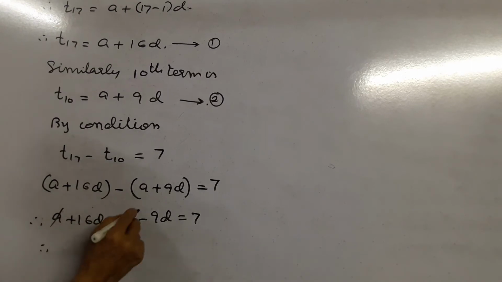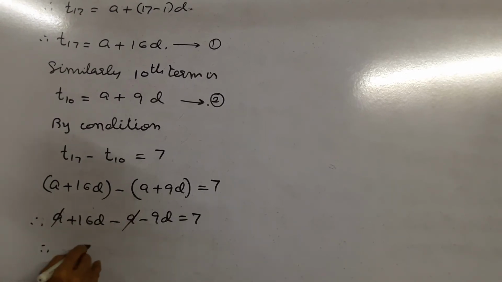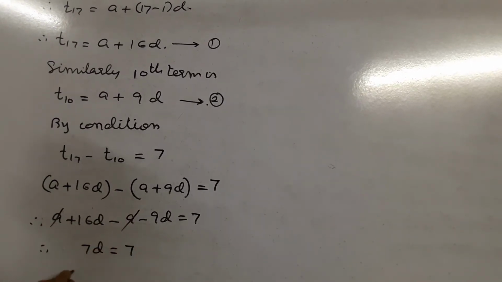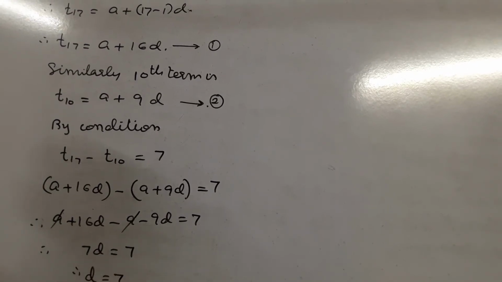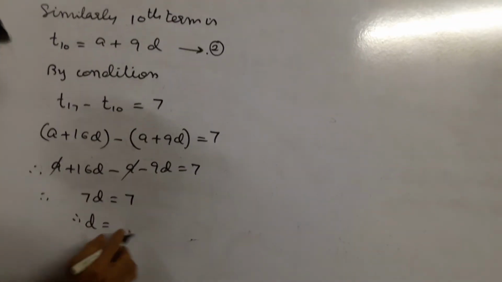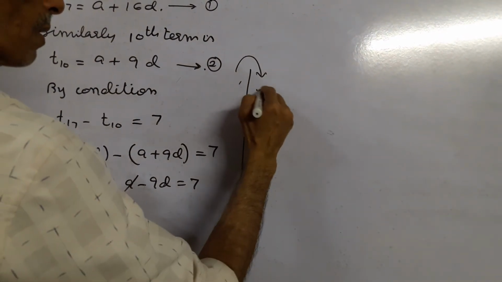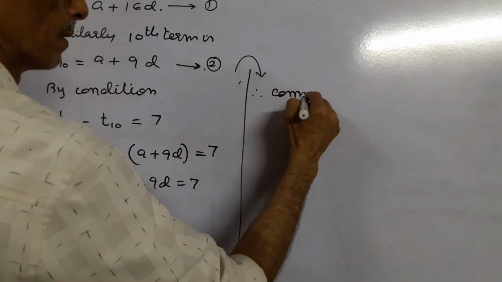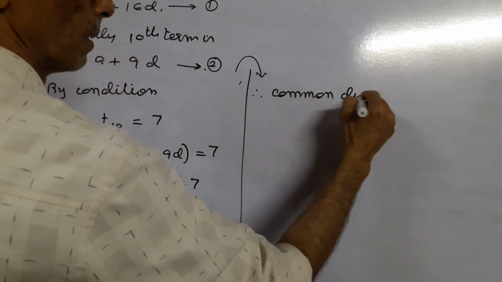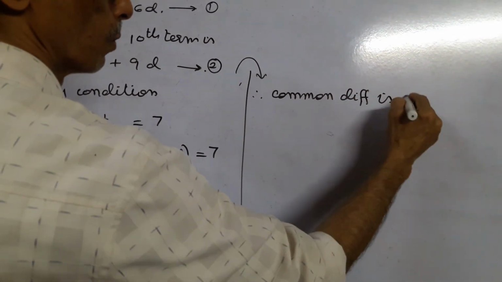So plus a minus a cancel. 16d minus 9d is 7d is equal to 7, and therefore d is equal to 1. And therefore the common difference is 1.